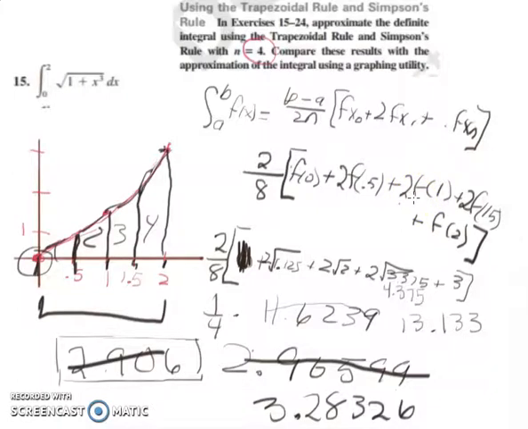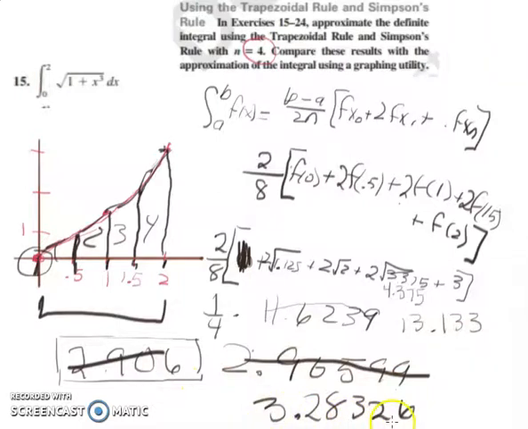Hold on. That was f of 0.5. Then the 1 would be radical 2. Then that's that guy. Then the 1.5 would be 4.375, and the f of 2 would be 3. I'm very sorry. I redid the math, and I got 3.283.